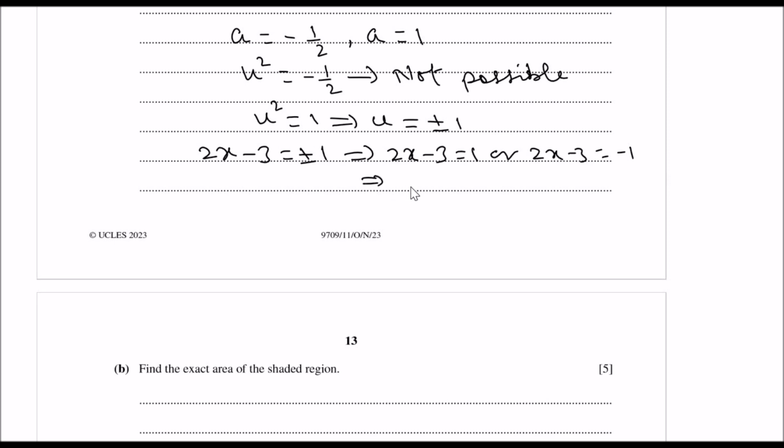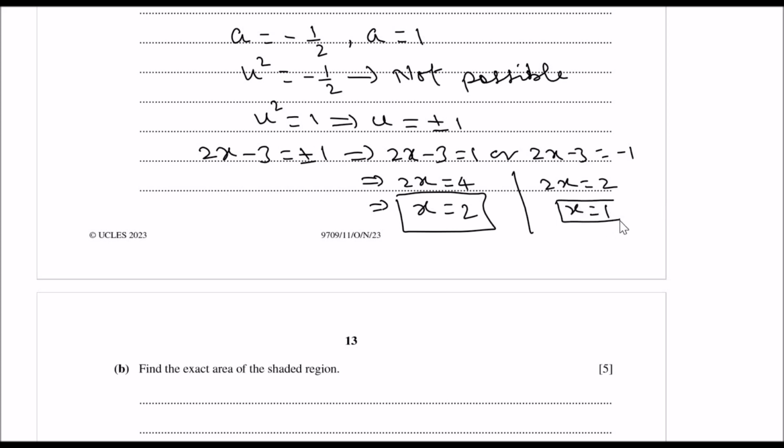So this gives us 2x equal to 4, so x equal to 2, and here it gives us 2x equal to 3 minus 1, that is 2, so x equal to 1. Right? So we got x equal to 1, x equal to 2.